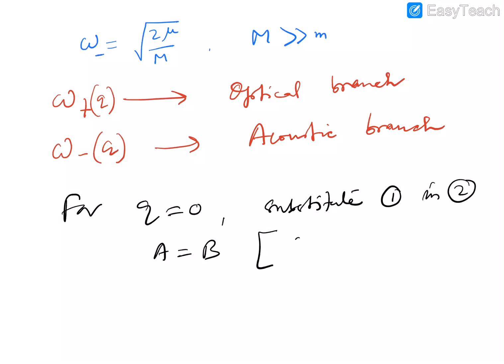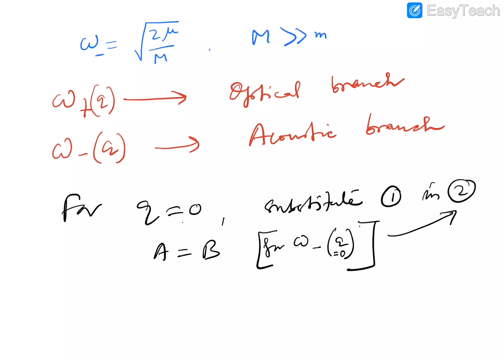So acoustic branch means omega minus of q. What we are doing is writing the omega minus value and putting q equal to 0 in this equation, and then we find that a equals b.